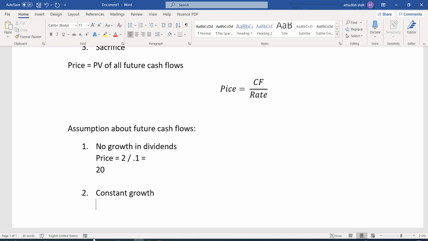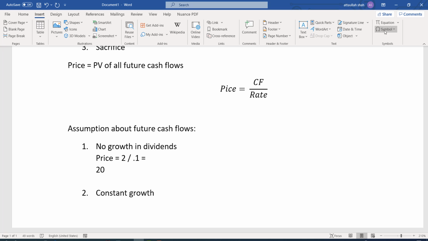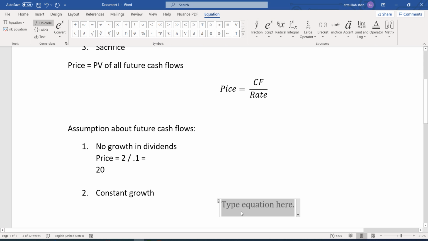So in this model, we adjust the dividend discount model by adding the growth variable in that.